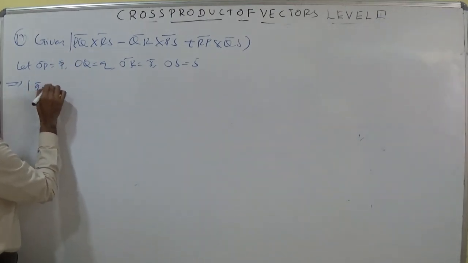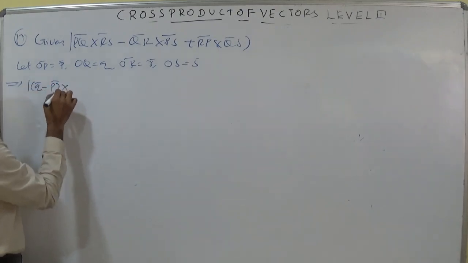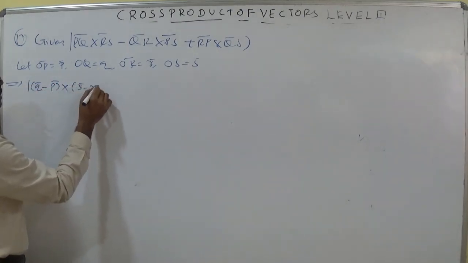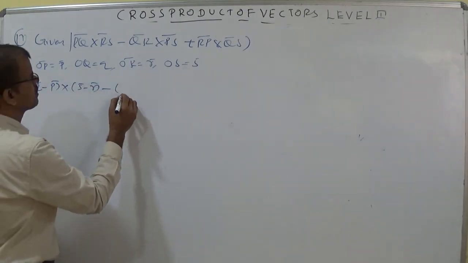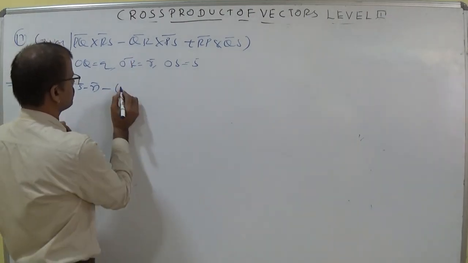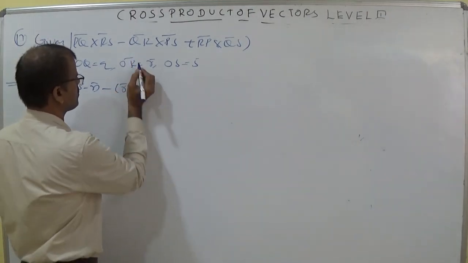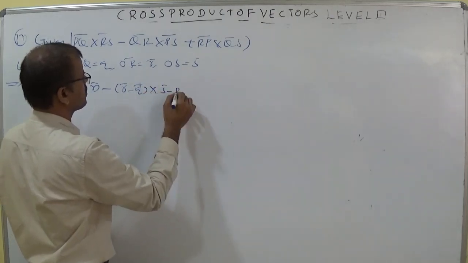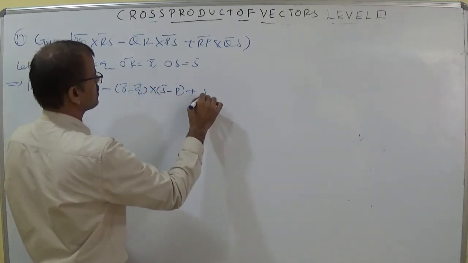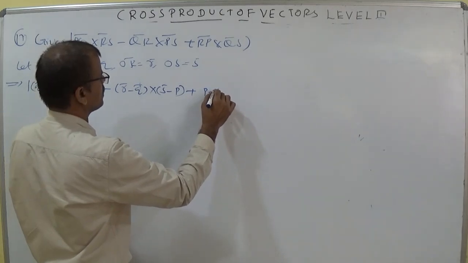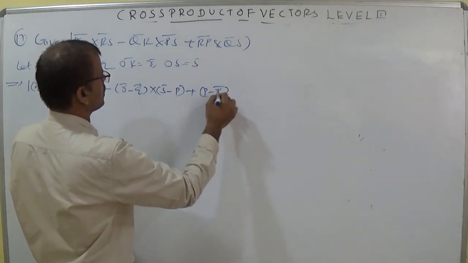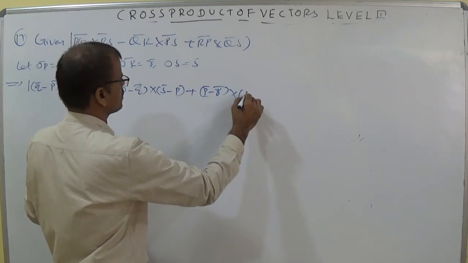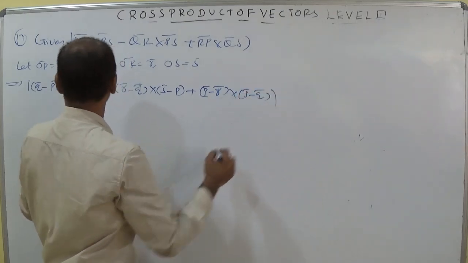So you can write (Q bar minus P bar) cross (S bar minus R bar), minus this is QR, so (R bar minus Q bar) cross (S bar minus P bar), plus (P bar minus R bar) cross (S bar minus Q bar).